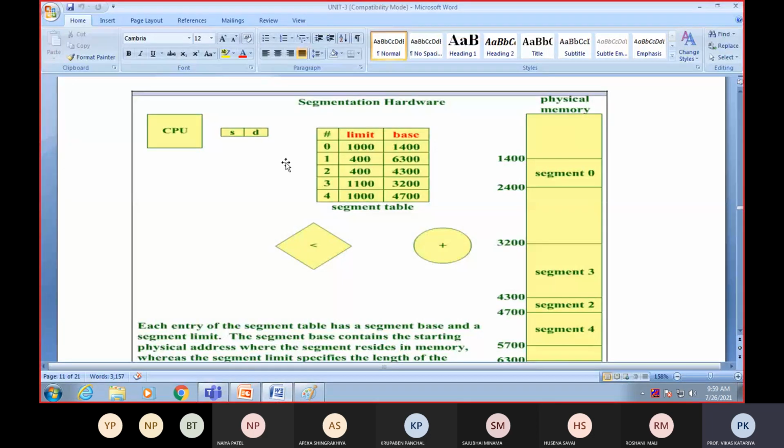Okay, so let's continue. This is the CPU, the central processing unit, and it generates the logical address. There is segmentation hardware which has three columns: segment number, limit of a segment, and base address of a segment. We have 5 segments in our secondary memory, and we have to load the 5 segments into the primary memory.